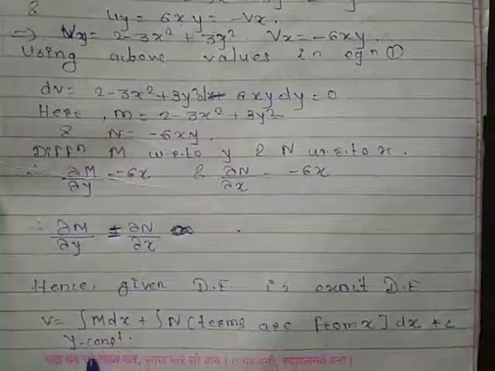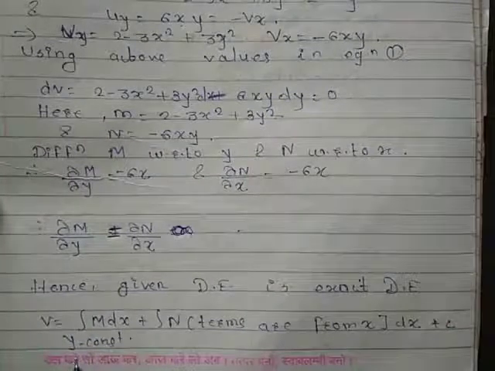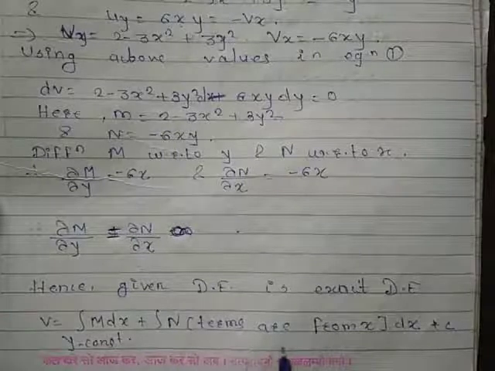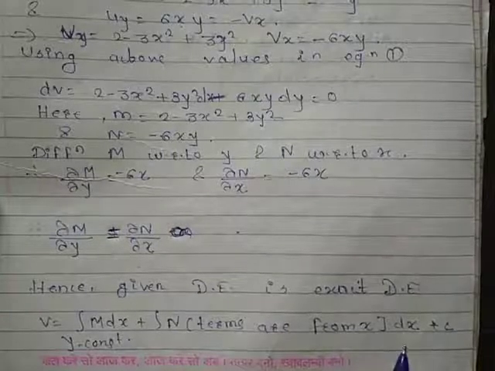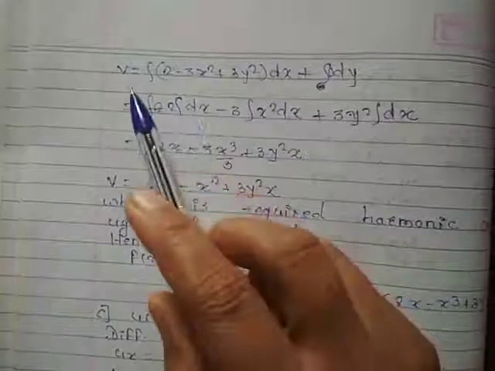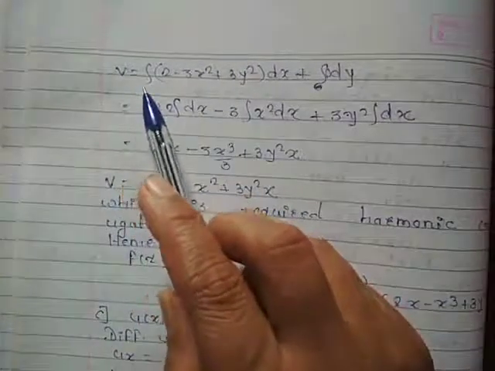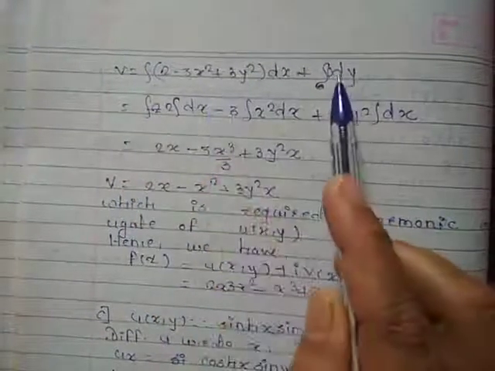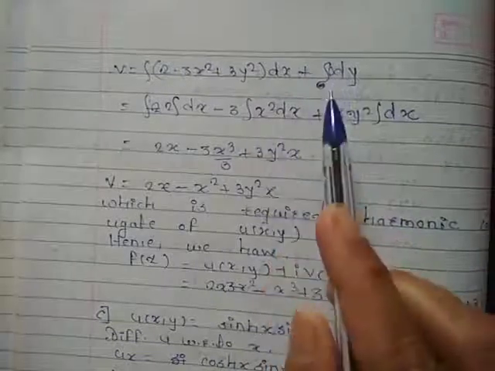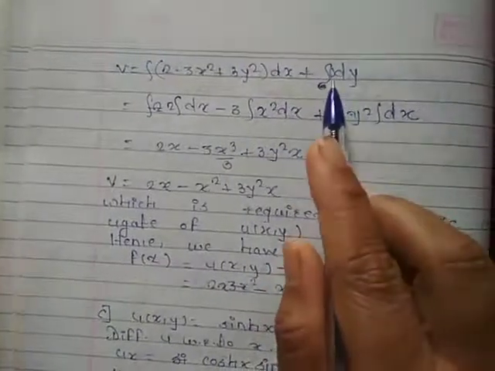So its solution is the integration of M dx, with y constant, plus the integration of those terms of N that are free from x, dx, plus c. So we get v is equal to, this is M and here is N, here we get 0.